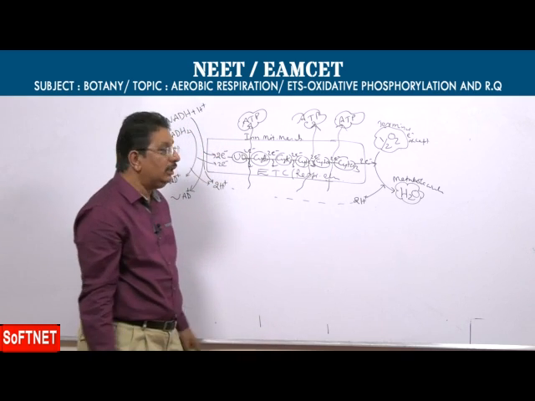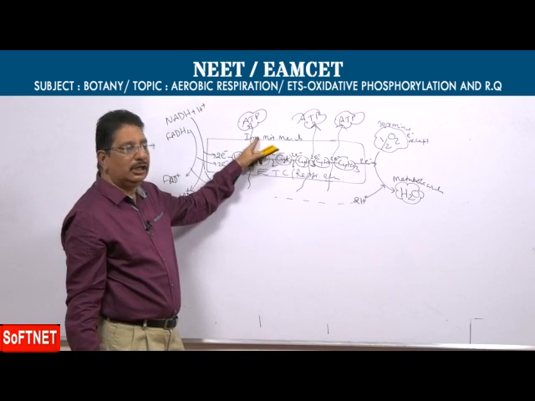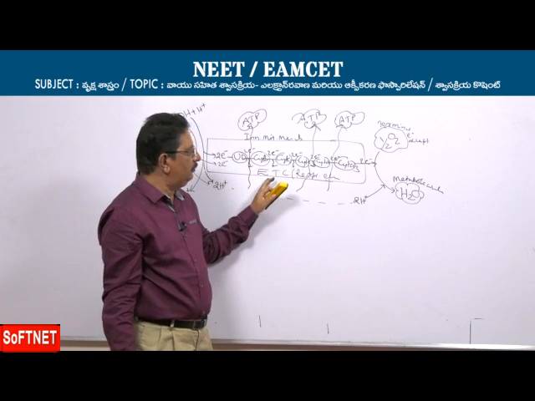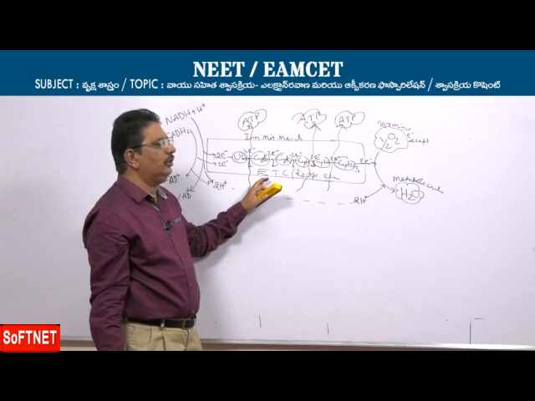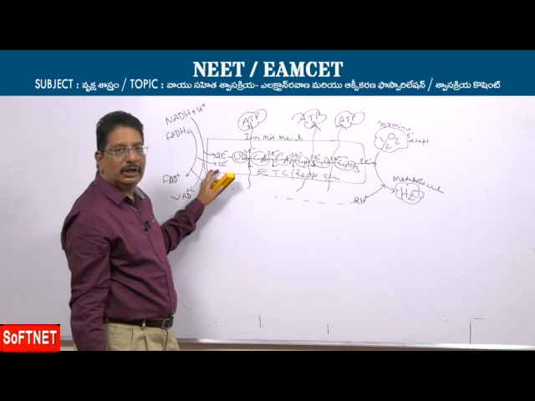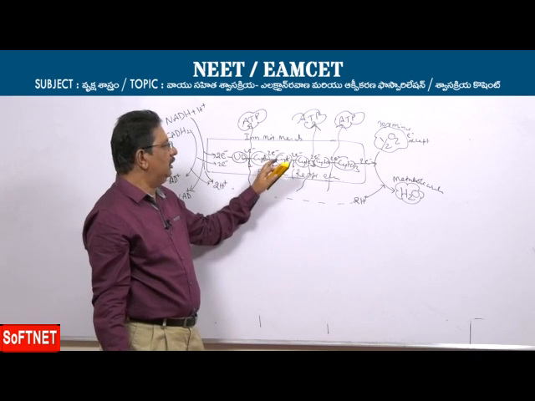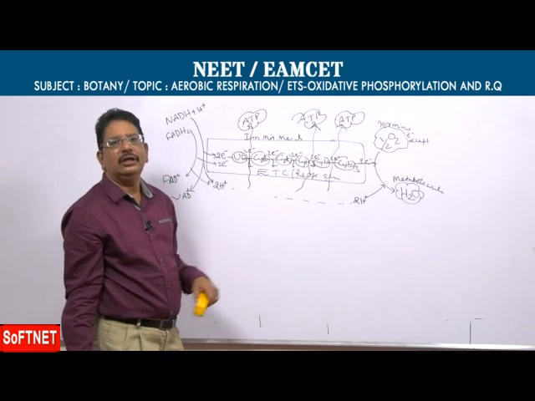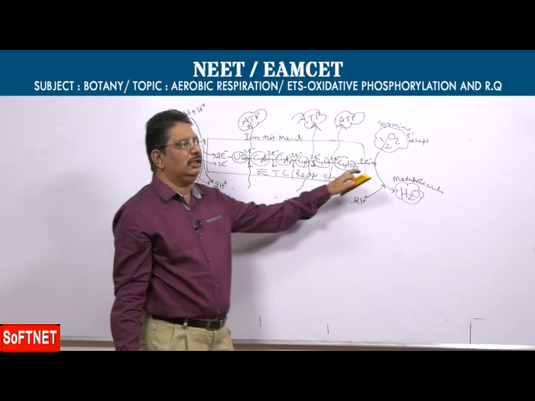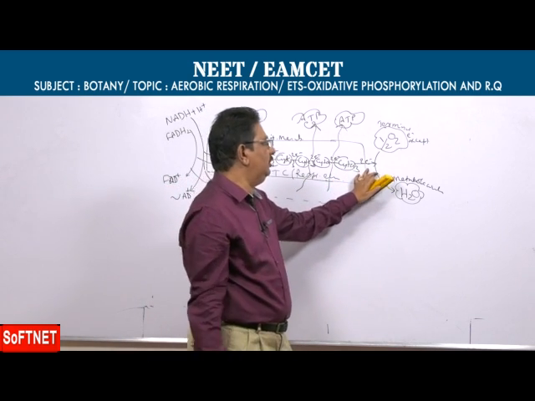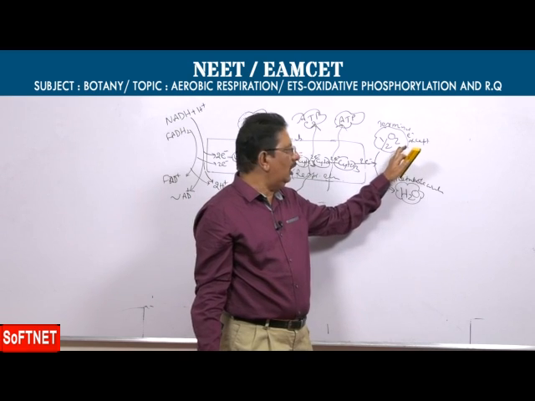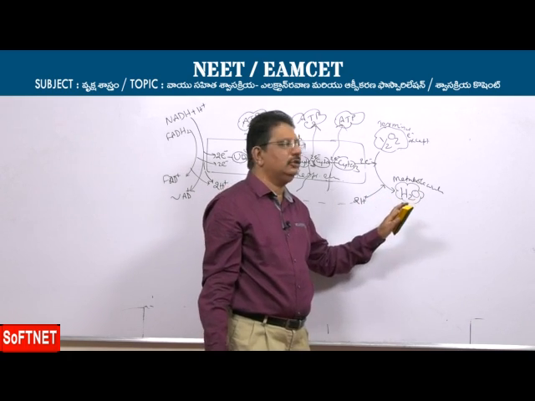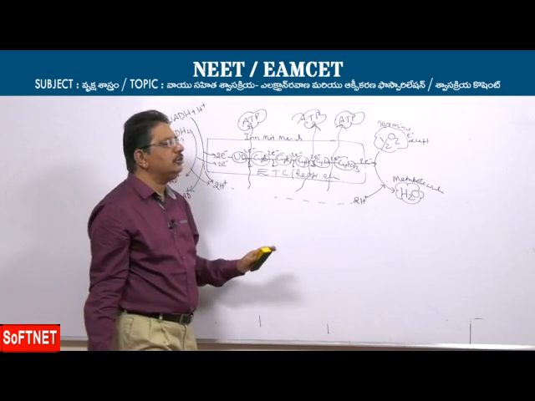So, the respiratory chain present in the inner mitochondrial membrane comprises different types of electron carriers, which involve the transfer of electrons, where the electron carriers undergo a series of reductions and oxidations. Finally, the low energy electrons are accepted by oxygen, which reacts with protons and converts into water, and ATP is formed.